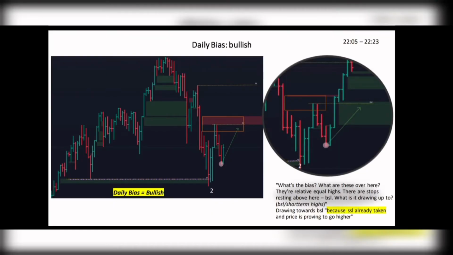From 22.05 to 22.23, this is when we have the daily bias being bullish. So Michael says the bias here is bullish because we're aiming towards relative equal highs, and he's saying that there are stops above these highs, above buy-side liquidity.